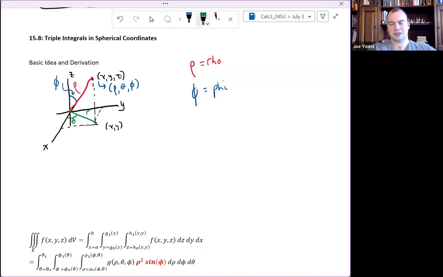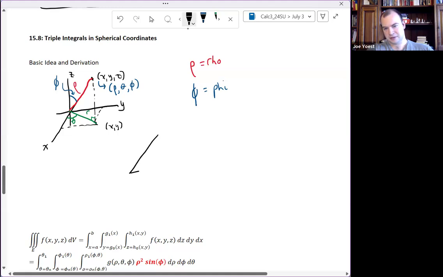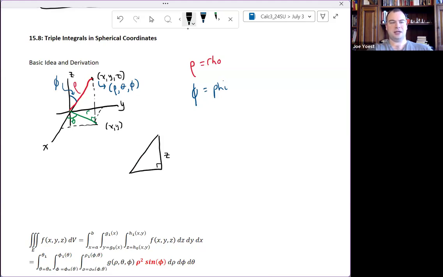Now, something that I do notice is, if I think of my little polar coordinate graph here, and look at the red line labeled rho, the green line labeled r, and my dotted vertical line representing z units above the point xy, or the point r theta, so here I have z, I can think of that just as a right triangle where rho is the hypotenuse, r is the base, and z is the vertical leg.